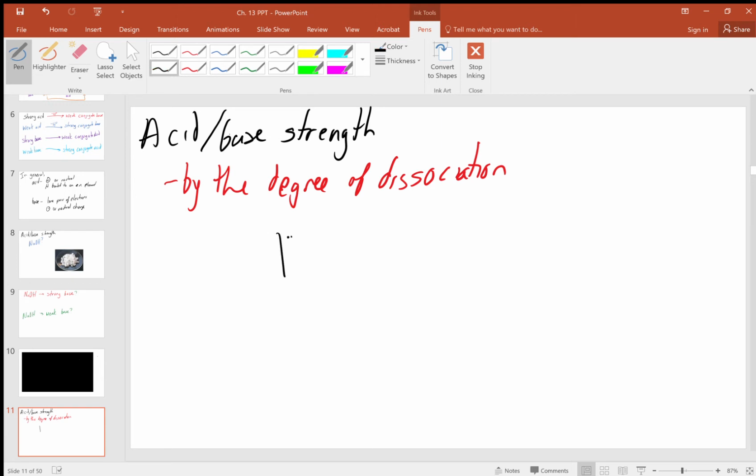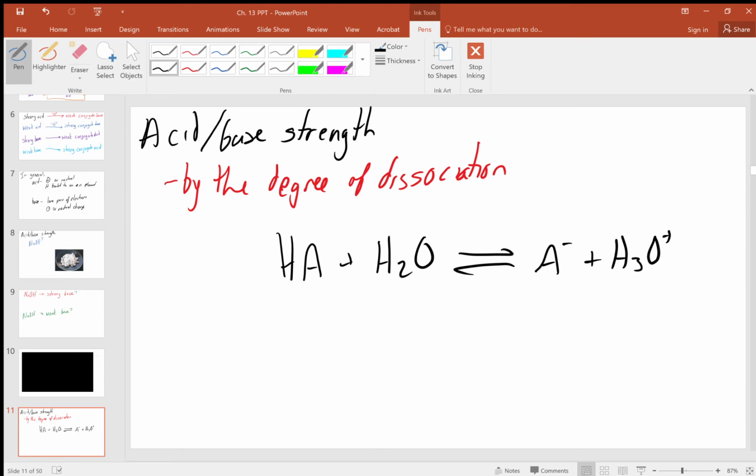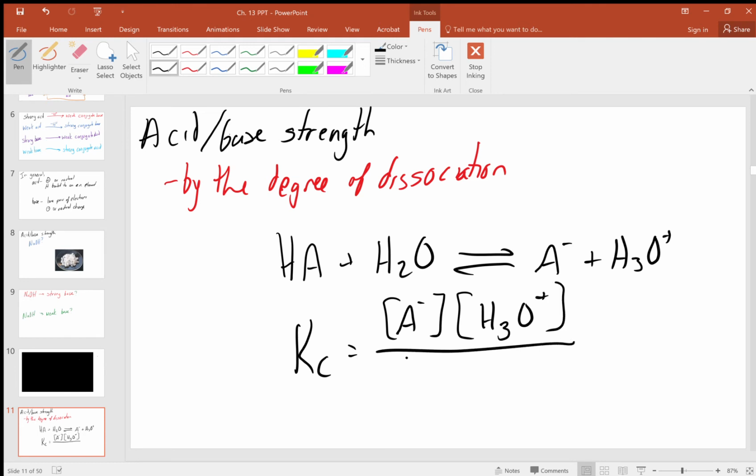So here's the generic reaction for an acid with water. And we can write an equilibrium expression as A minus, which is our conjugate base, times our conjugate acid H3O plus over HA, which is our acid, times the concentration of water.